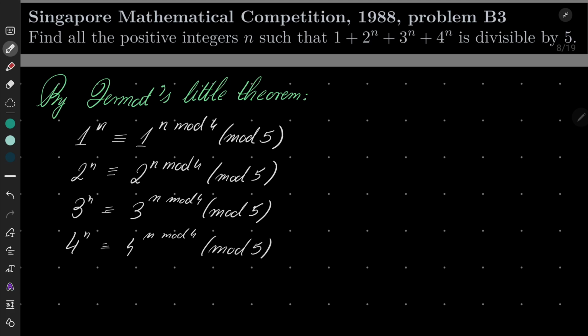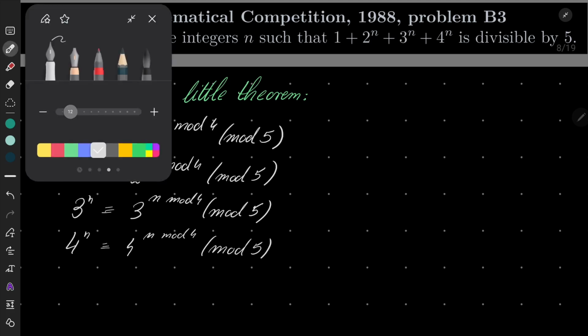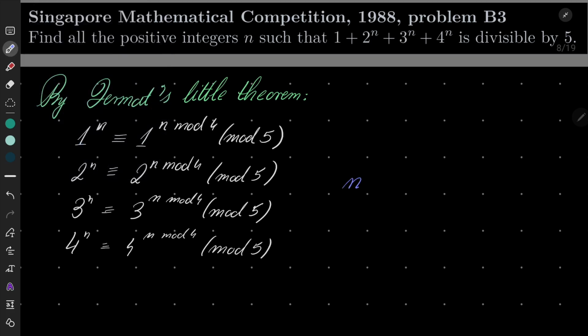And that means, and let's also notice that n modulo 4 is either 0, 1, 2, or 3. Which means that our problem is now reduced only to verifying 4 numbers, namely n equals 0, 1, 2, and 3.